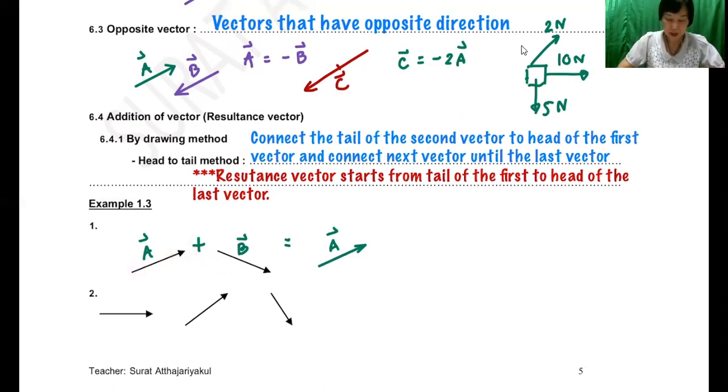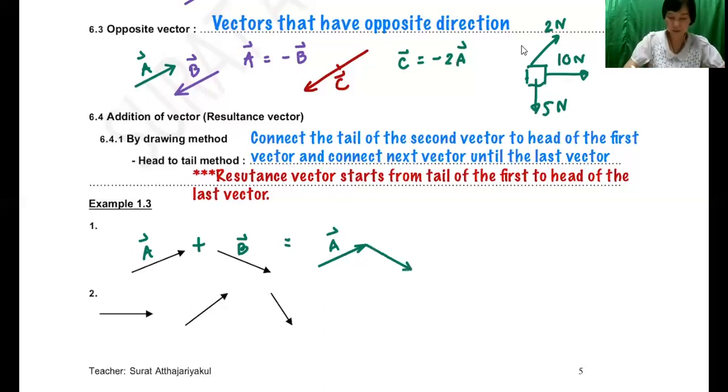Next I will connect the tail of vector B to the head of A. So I will move this vector here. It will look like this. This is vector B. Next I will draw vector B. Vector B should look like this.